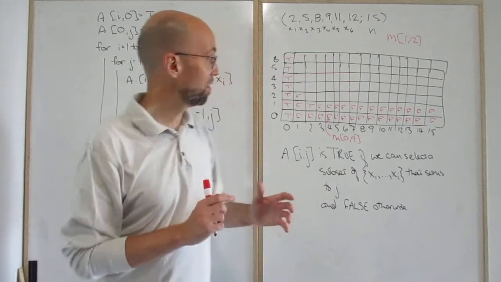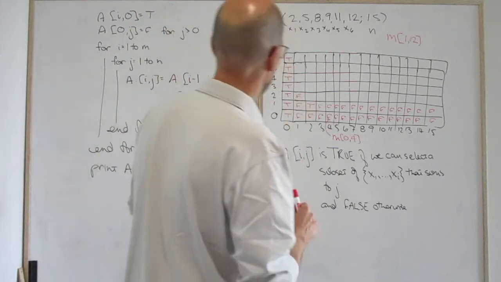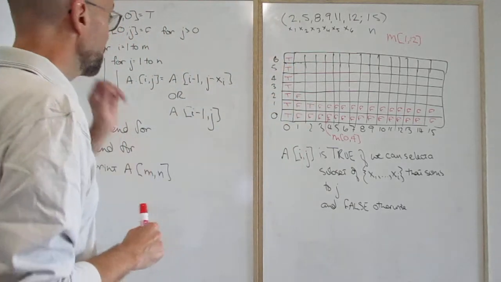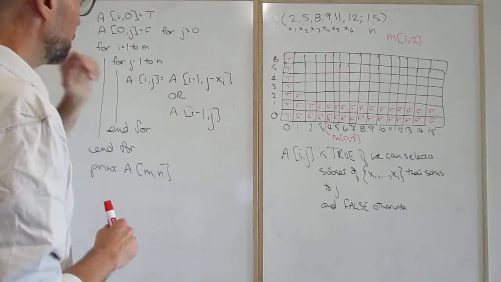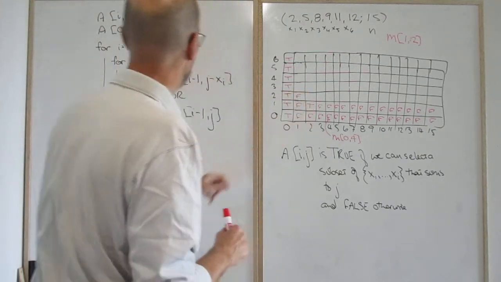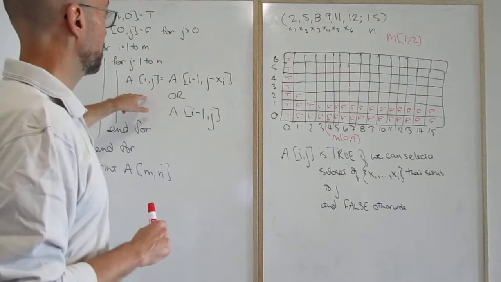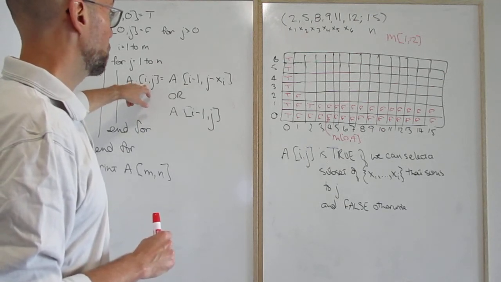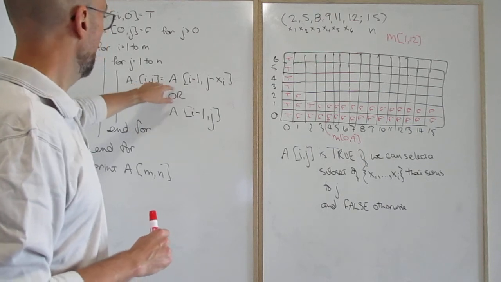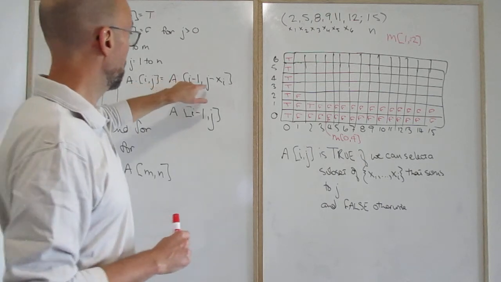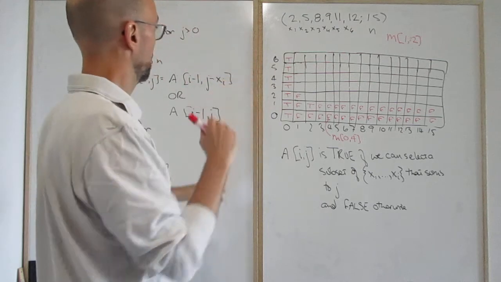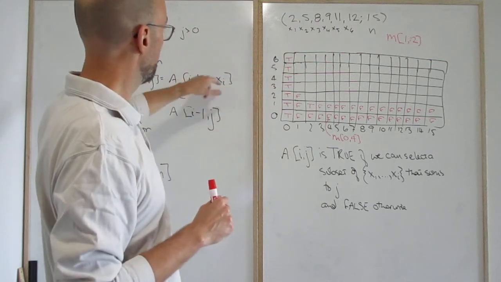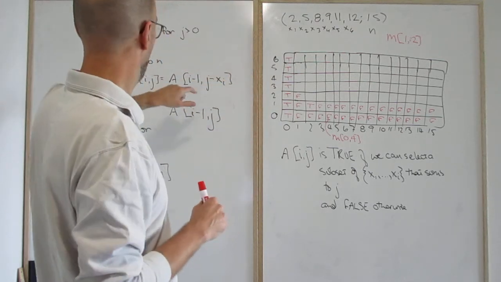Yes, but let's look at this program. So what we do, we look here and we say, okay, so Aij, so we're looking at A 2, 2. So we look at A1 and 2 minus x.